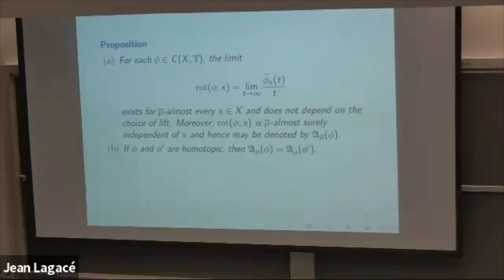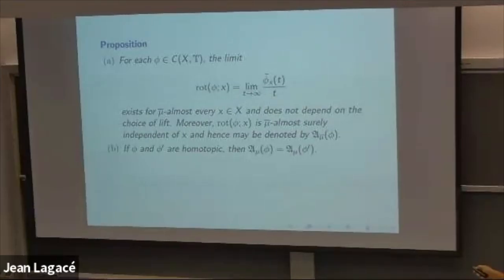And so now we have these lifts. They now have a potential for growth, right? If you want to count how many times you rotate, you have to ask if there's anything that grows on the order of T, right? If after 10 time units, I've rotated 5 times, then I want to be basically at height 5T. And so the question is, as I send t to infinity, do these ratios converge?